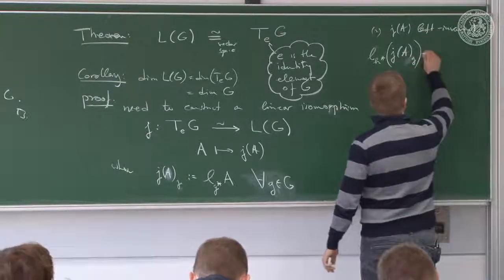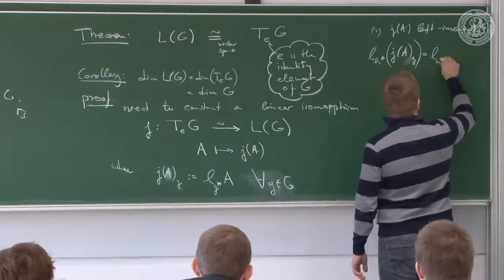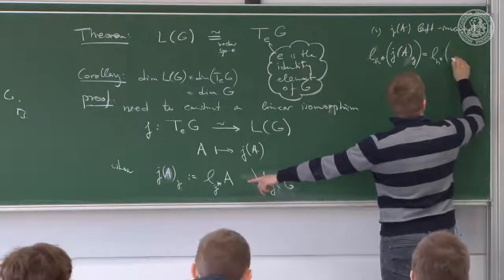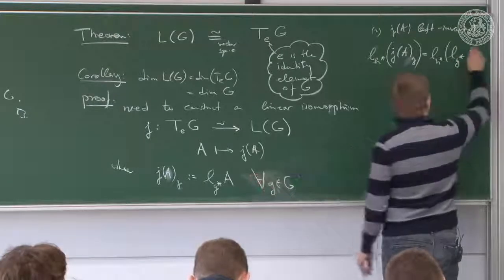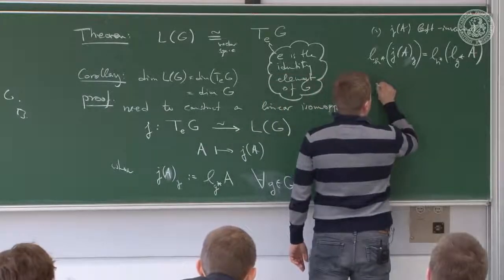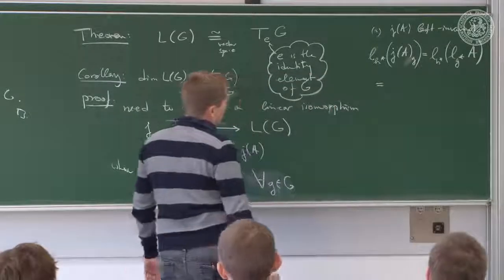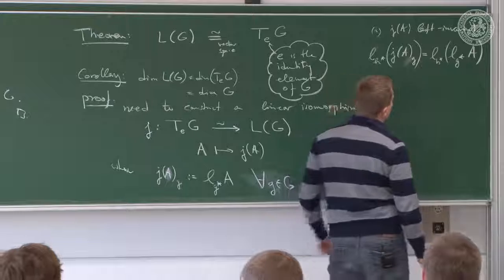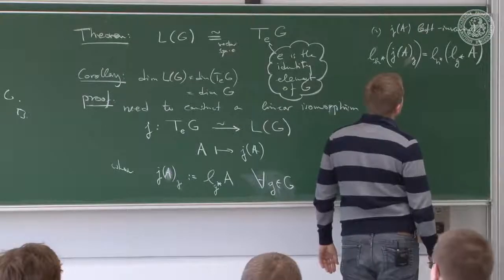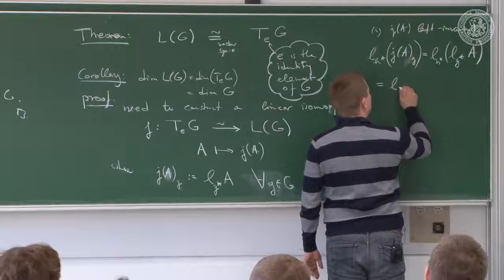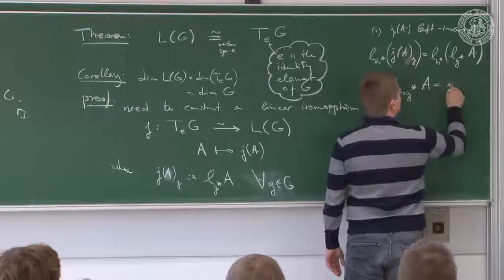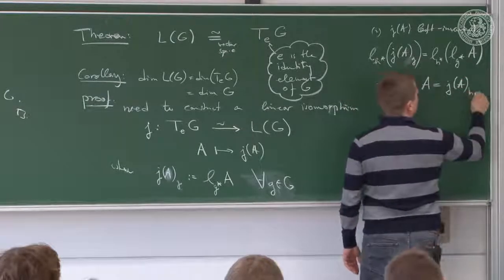So how do I do this? Well, I plug in what this is. This is L_H push forward of this guy, which itself is the L_G push forward of a given A. Now this equals, and that I will show in a second separately, the push forward of L_{HG} push forward of A, and that's of course J of A at position HG.